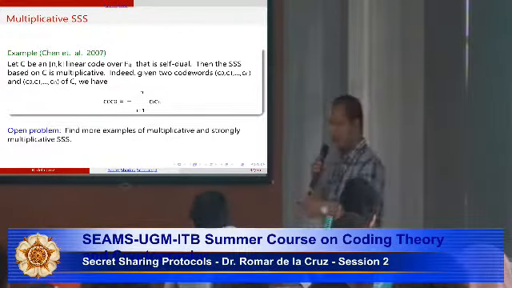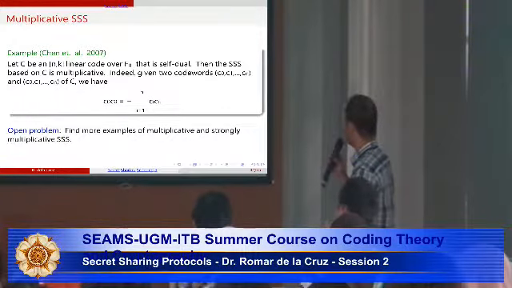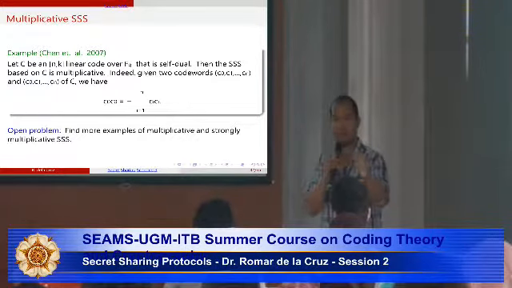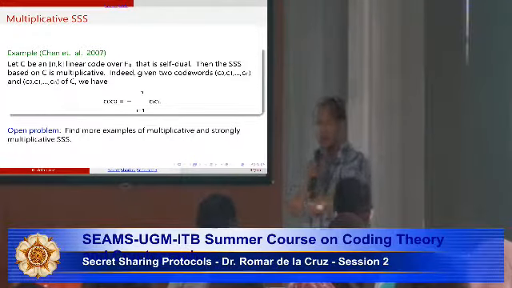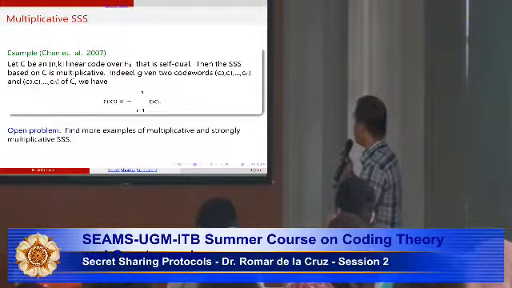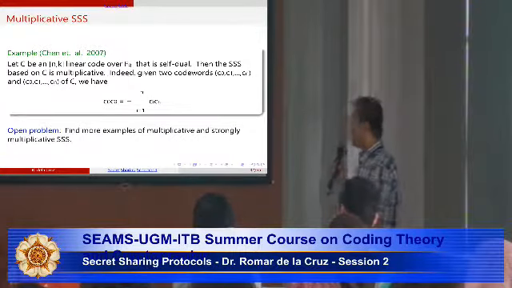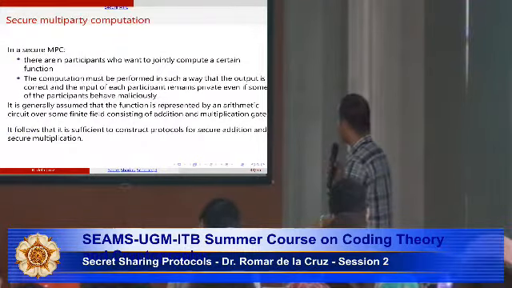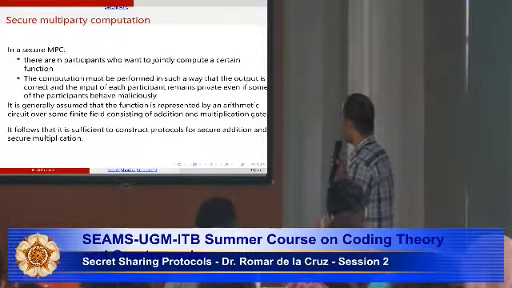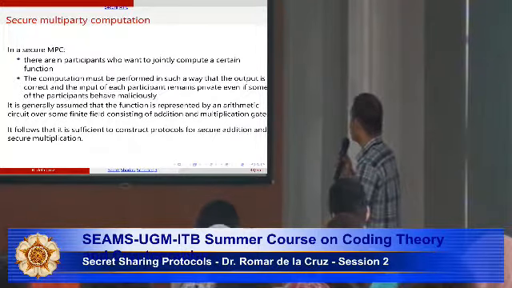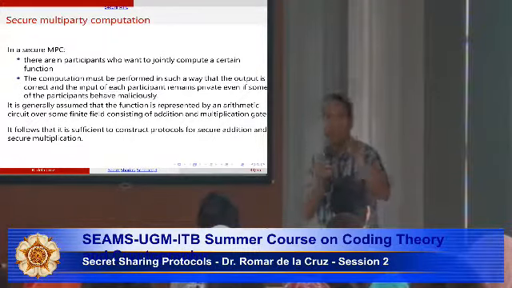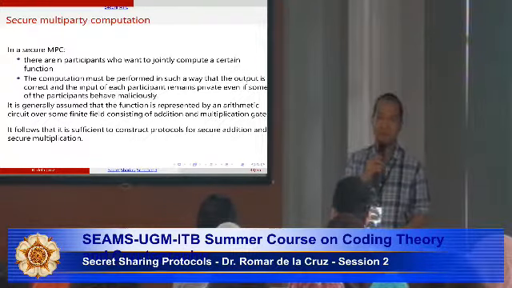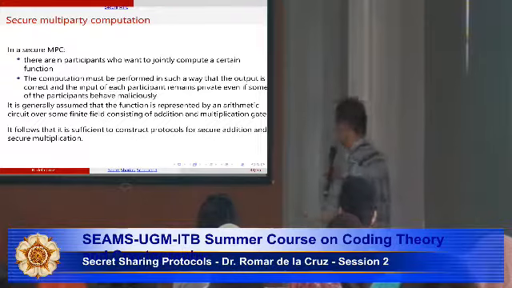Each participant has an input to the function. The first requirement is that the output must be correct. The second requirement is the privacy requirement: the input of each participant must remain private. So the other participants cannot know the inputs of the other participants.